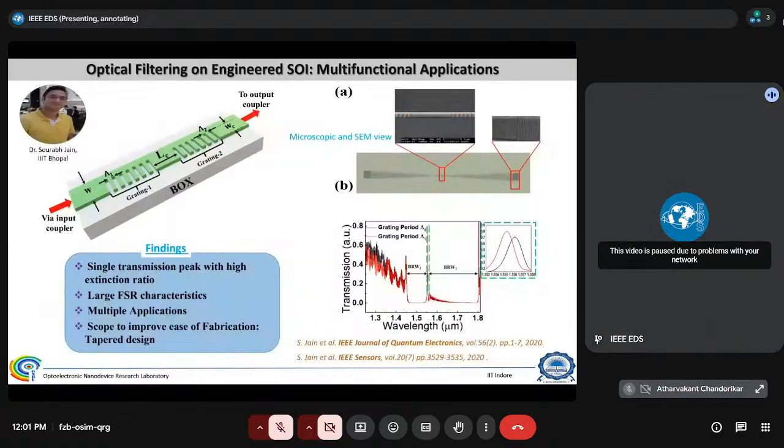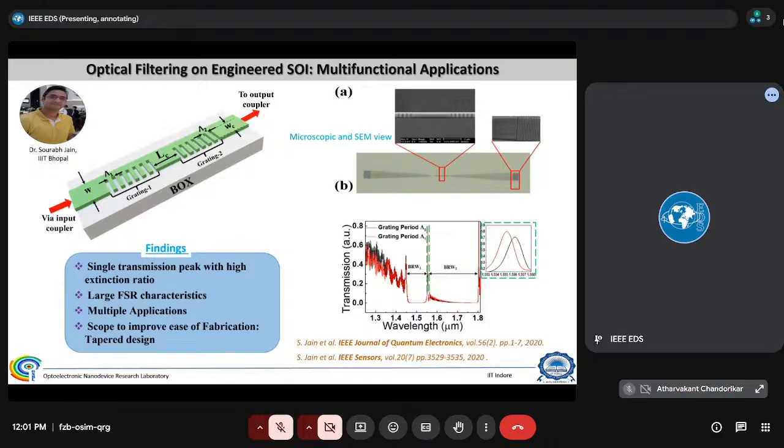I'll tell you that. So for engineered silicon, we start with this. This is a kind of optical filter on SOI. The top silicon we have engineered. This is one comb, and this is another comb structure on this silicon, and we have inserted a cavity here. Because of this cavity, your two peaks will overlap, and you have overlapping band rejection windows which are sensitive to any change.